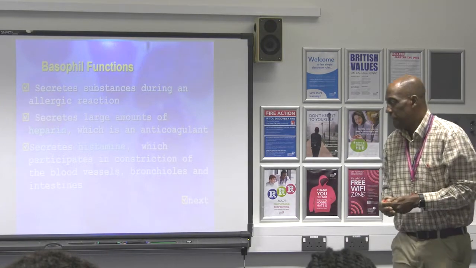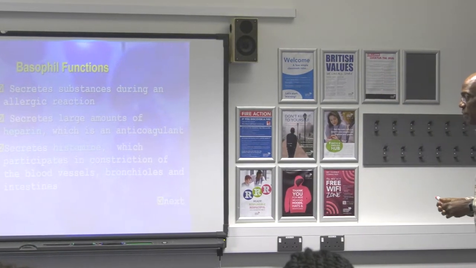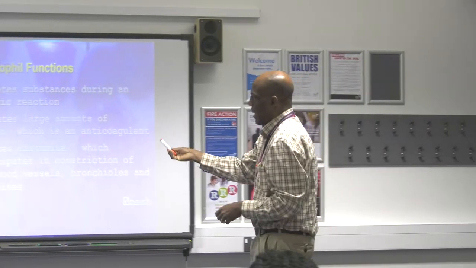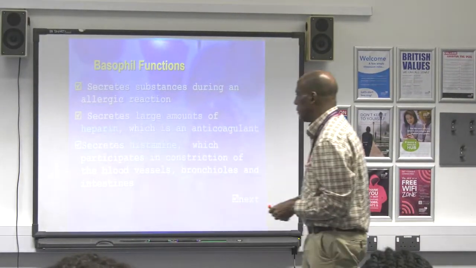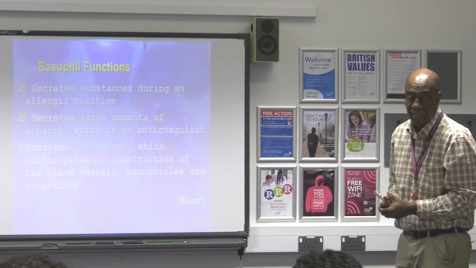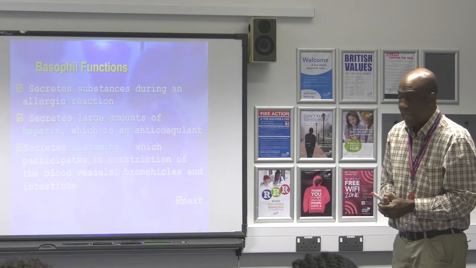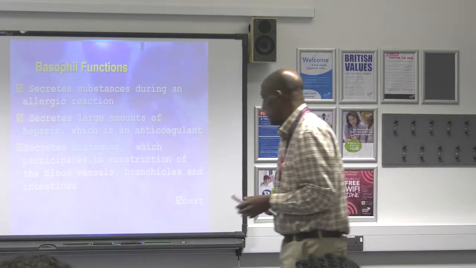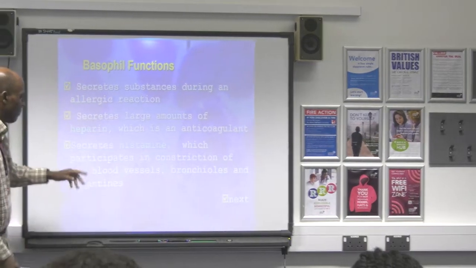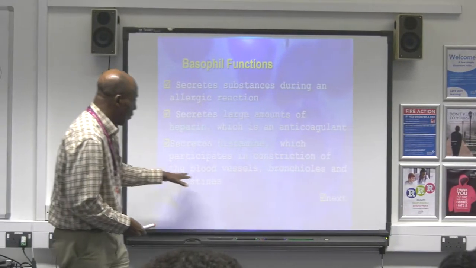So they respond to allergic reactions, and then they secrete a large amount of heparin, an anticoagulant, and then they also secrete histamine, okay, to help. They then again look at constriction of the blood vessels and then bronchi.